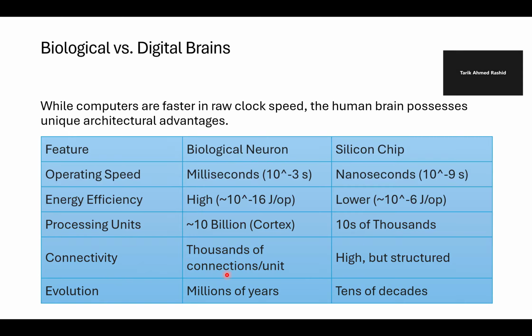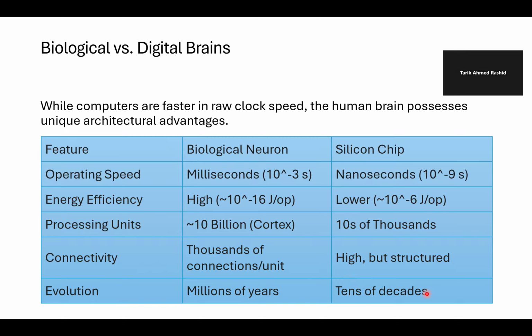Connectivity: thousands of connections, this one is high. And evolution: it took millions of years to get the human brain developed and advanced, whereas neural networks started in the early 1940s, exactly 1943, by McCulloch-Pitts.